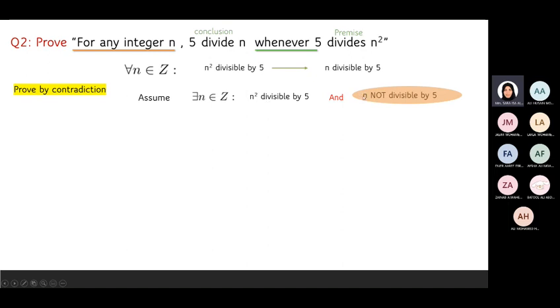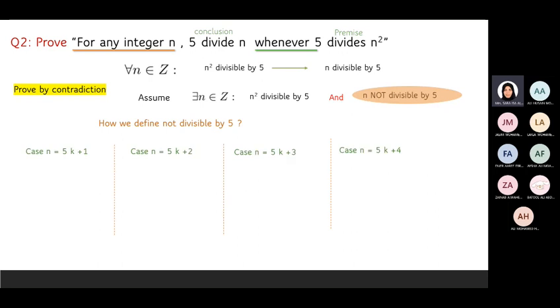So I will say, since n is not divisible by 5, I will go through the cases, because not divisible by 5 has 4 different forms. I have to search for an integer n under these 4 categories where n is not divisible by 5 and n square is divisible by 5.